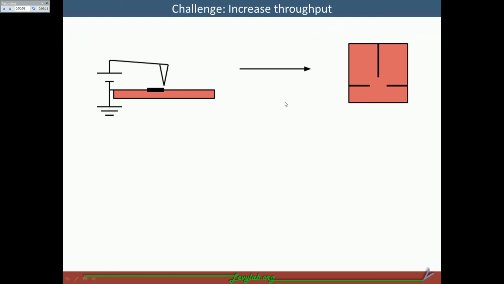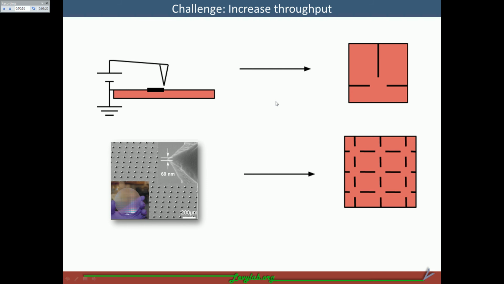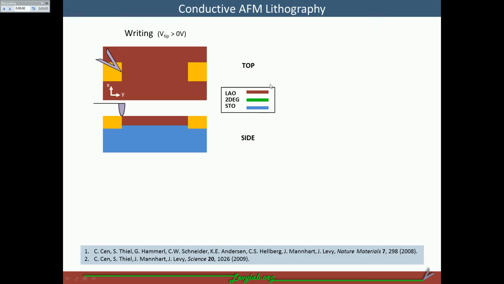A second challenge is increasing the speed of the writing process itself. Right now we are using a single atomic force microscope tip, and we're able to create one transistor. What we would like to do is scale the number of tips so we can write multiple devices in parallel at a time. Just again, a reminder of what we're doing here. We're taking a conductive AFM tip, applying a positive bias.